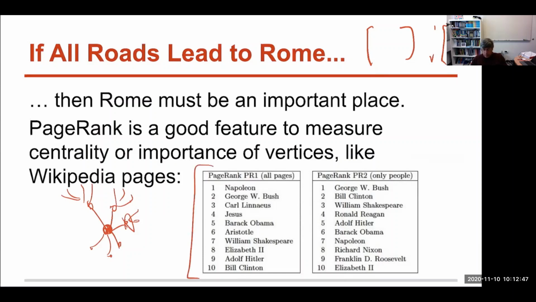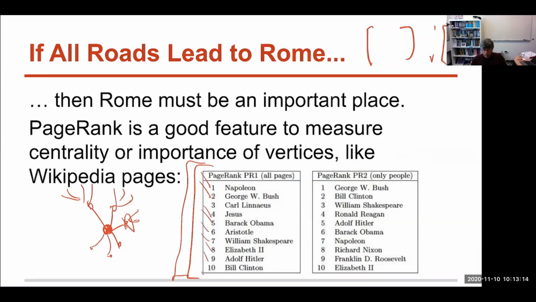One thing that we did once was look at Wikipedia and look at all the people in Wikipedia and ask who were the ones that had the highest PageRank? When we did this, these were the ones that we saw. And if you look at these, I think all of you will agree. You've got presidents, you've got dictators, you've got religious figures, philosophers.